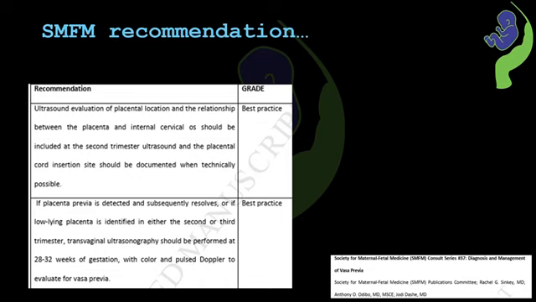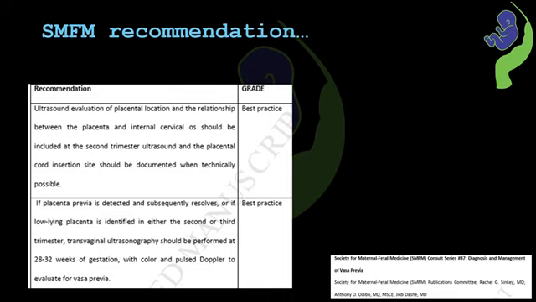In short, whether placenta previa persists or resolves, and whether low-lying placenta is seen in the second or third trimester, every such patient must undergo another transvaginal scan at 28 to 32 weeks along with color Doppler and pulse wave Doppler, so that we don't miss a case of vasa previa.